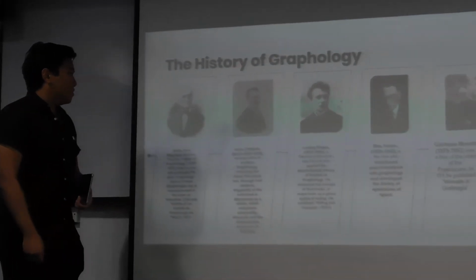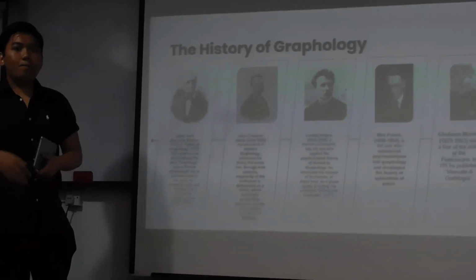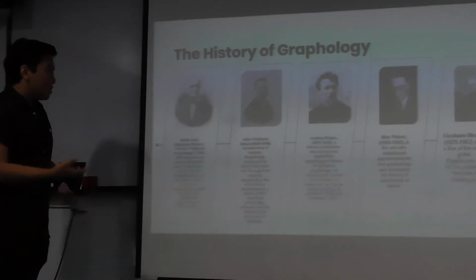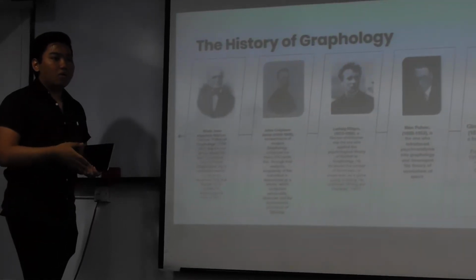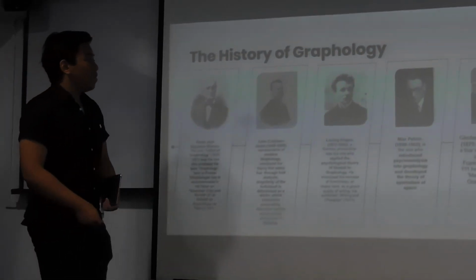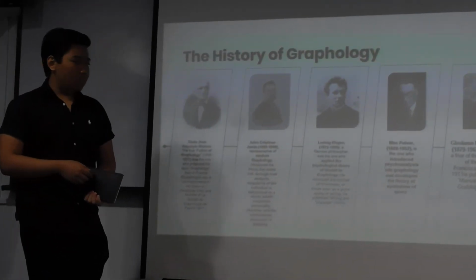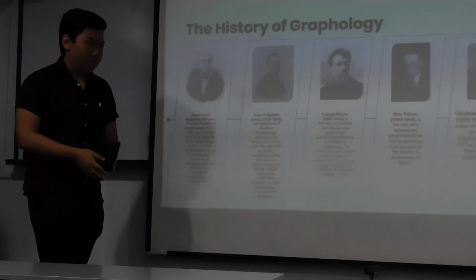And we also have Jules Crépieux-Jamin, from 1859, which is more applied on psychology itself, the analysis of theories, determining whether the person has those characteristics in graphology. We also have Ludwig Klages, a German philosopher, who applied the same thing, but more deeply in the writing characteristics of graphology.